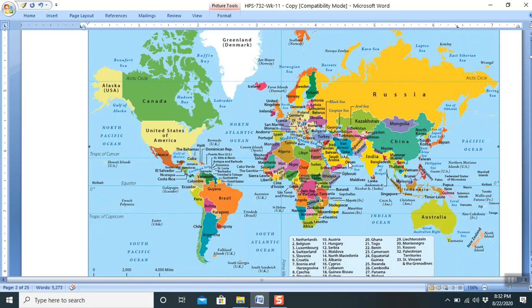Another important sea, just opposite, is called the Red Sea. This is on the other side, between Saudi Arabia and African countries like Egypt, Sudan, Ethiopia, Eritrea. Fine. This is called the Red Sea.